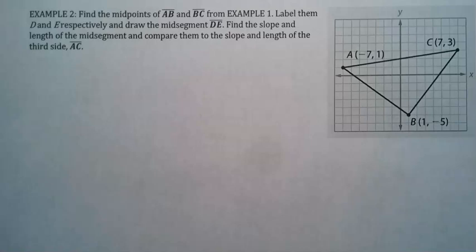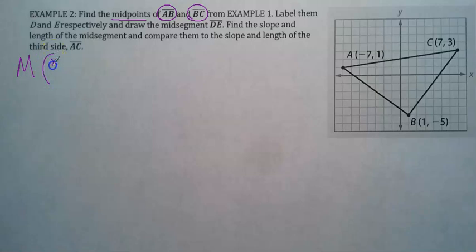So we're finding the midpoints of AB and BC. So we need the midpoint formula. I didn't give it to you. I gave you the slope earlier. I gave you the distance earlier. We need to recognize that we need the midpoint formula. Remember the midpoint formula was that capital M, in parentheses.